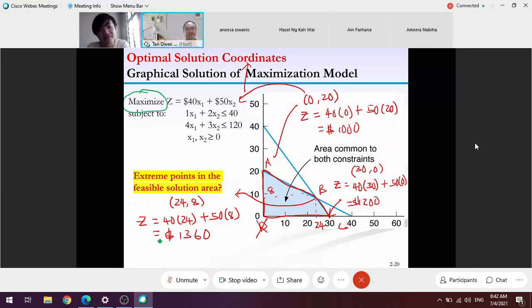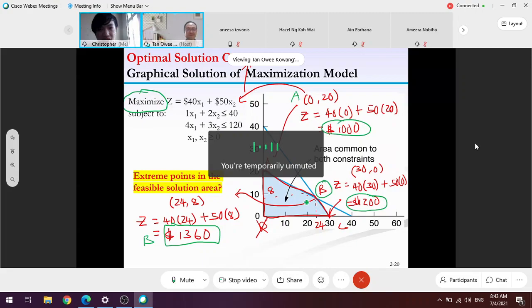And we have got 3. At B, we get 1360. At A, we get 1000. At C, we get 1200. So which one is the maximum? A, B, or C?